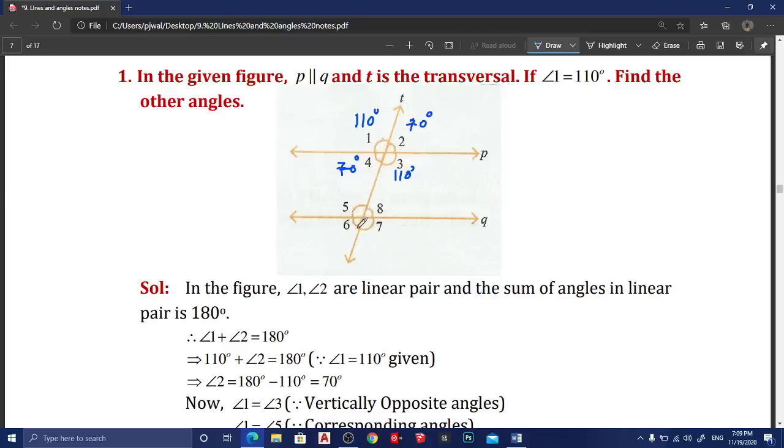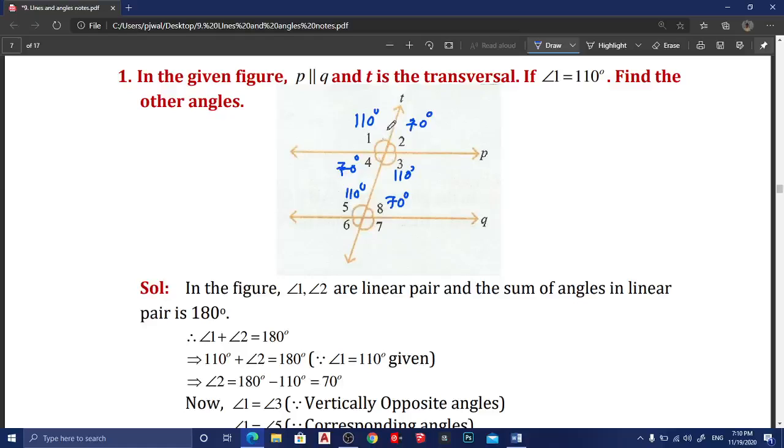Since this is a transversal and these two are parallel lines, angle 1 is corresponding angle to angle 5, and you know that corresponding angles are equal to each other. So angle 5 is also 110 degrees. Okay, now angle 2 and angle 8 are also corresponding angles, which are existing at the same place. Okay, now this is also 70 degrees.